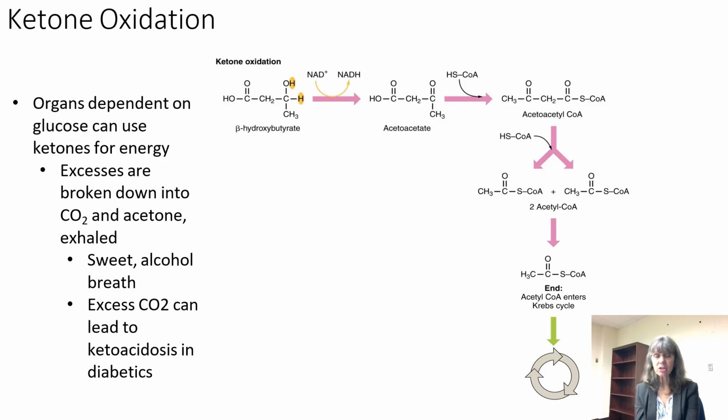And if a person has a huge buildup of ketone bodies, the excess ketone bodies can be broken down into carbon dioxide and acetone, which will be exhaled, giving a person a very sweet alcohol type of odor to his or her breath. And understand that if a person has excessive amounts of carbon dioxide, that can lead to a condition known as ketoacidosis in diabetics because carbon dioxide is acidic.